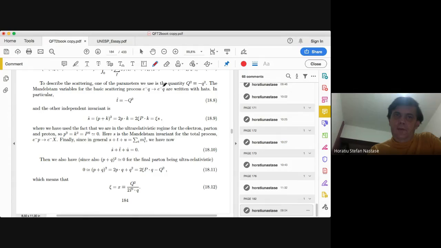So one of the parameters of the interaction is the momentum transfer squared. I'll call little q squared, which is usually negative, so I'll define minus little q squared as capital Q squared.